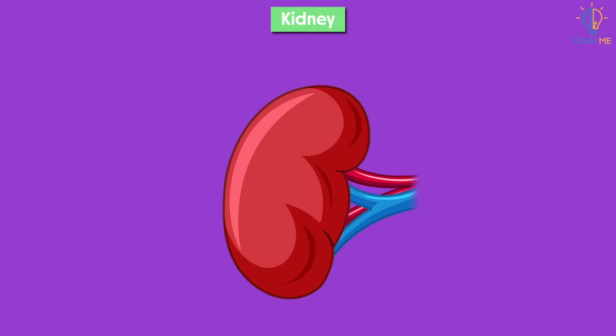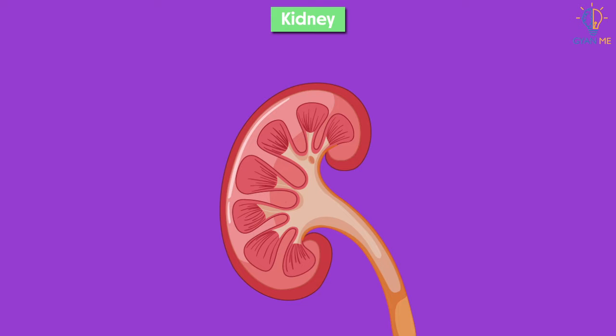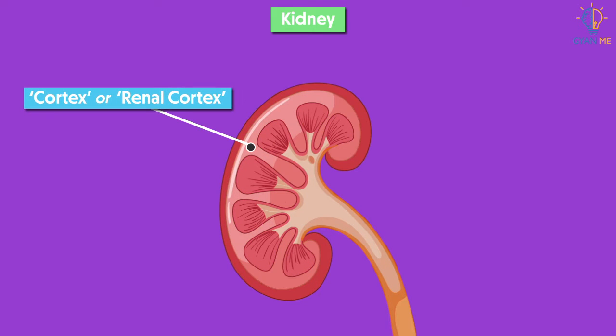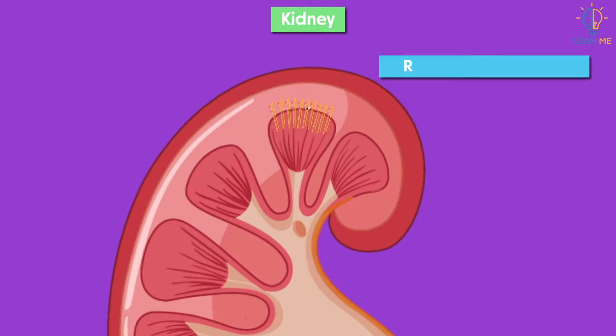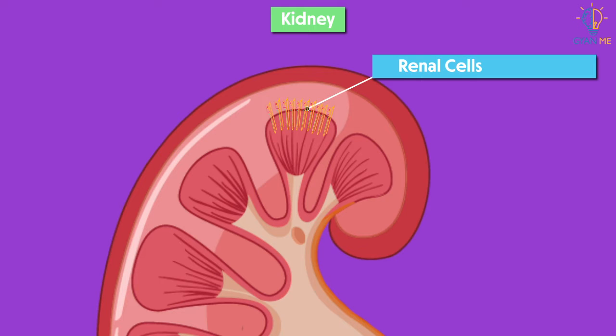Now, internally, students, the kidney consists of an outer dark region called the cortex or the renal cortex, and the inner lighter region called the renal medulla. Both these regions contain different parts of renal cells, also called nephrons.